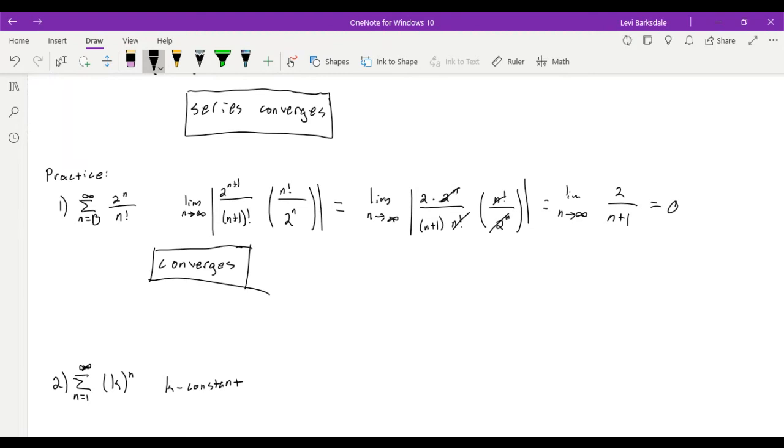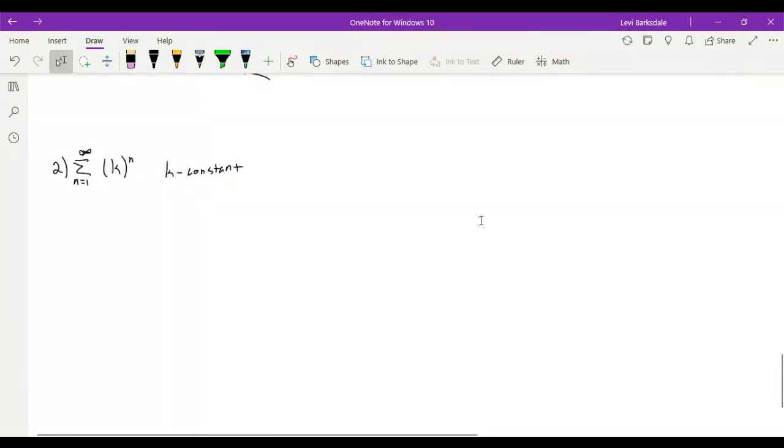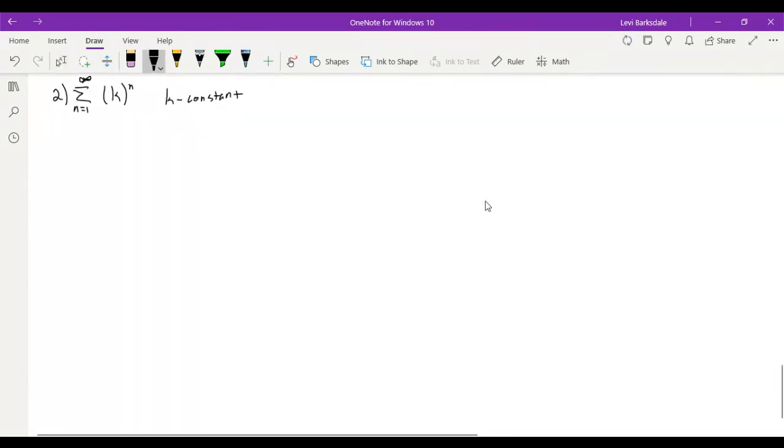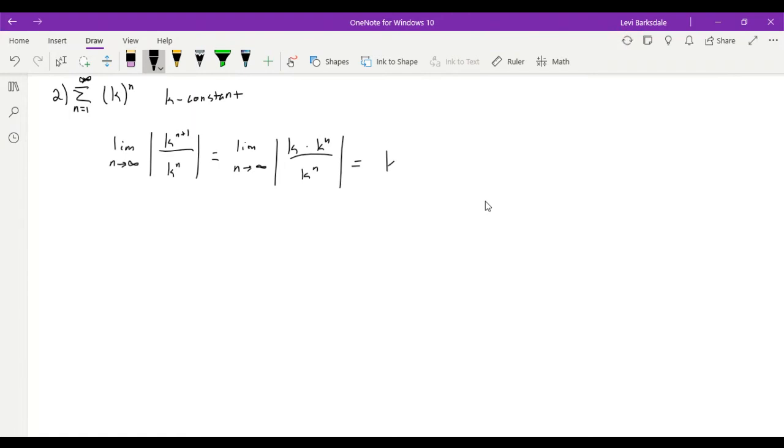All right. For the second one, here we go. For the second one, we want to, of course, take the limit as n approaches infinity of k to the n plus 1 over k to the n, which would be a sub n plus 1 over a sub n, which is the limit as n approaches infinity of k times k to the n over k to the n, which gives us just k, where k is a constant.